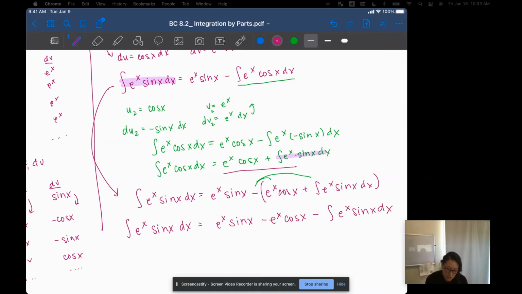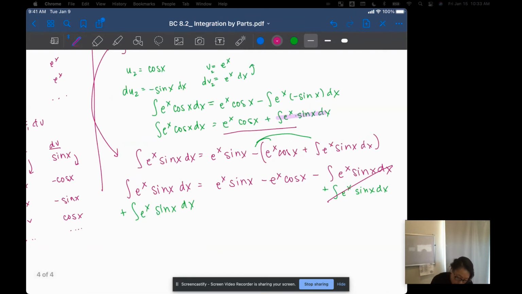Okay, we're going to combine like terms, so I'm going to add the integral of e to the x sine x dx to both sides. And that's going to cancel, giving me 2 times the integral of e to the x sine x dx is equal to e to the x sine x minus e to the x cosine of x.